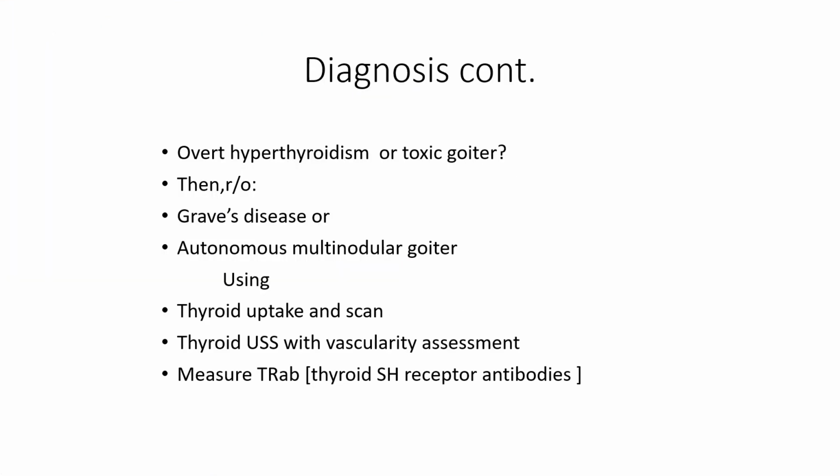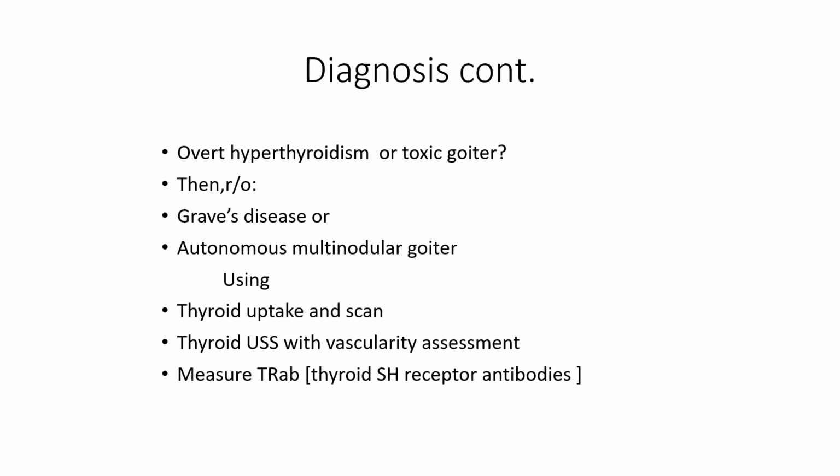Still on diagnosis. Overt hyperthyroidism or toxic goiter, you are not sure, then rule out Graves' disease or autonomous multinodular goiter. You can do this by using thyroid uptake and scan. You can have thyroid ultrasound with vascularity assessment.